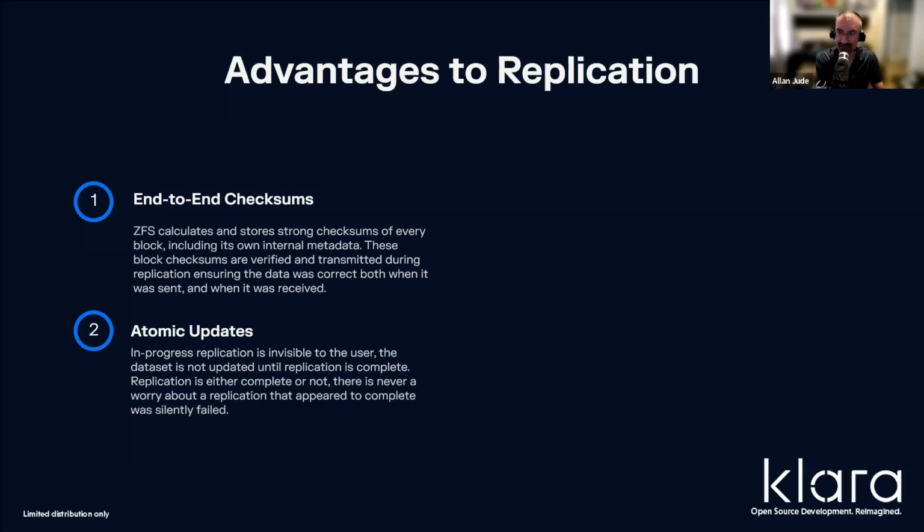It's always the older snapshot or the newer snapshot, never anything in between, meaning that you don't have to worry about accessing the data when it's not fully copied, but also means that once snapshot 2 exists, the replication is finished and successful. You never have to wonder, did the replication actually finish correctly? It's just either the snapshot's there and it's perfect, or it's not there. There's never anything in between.